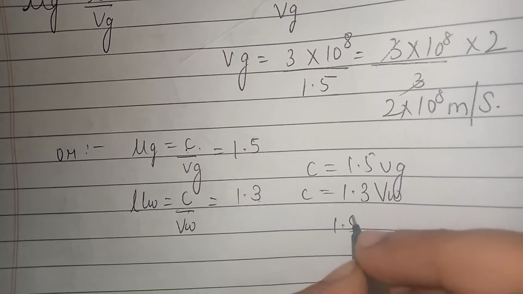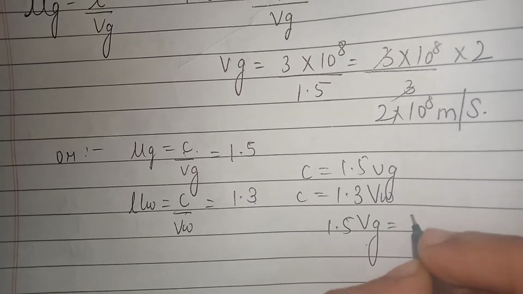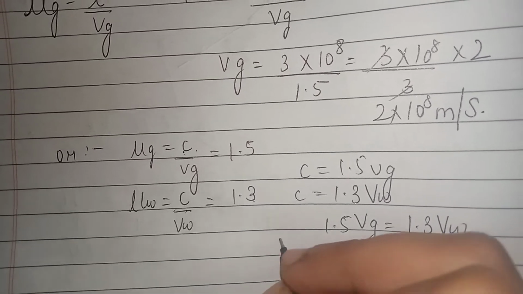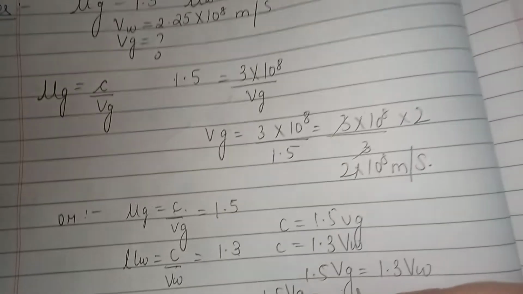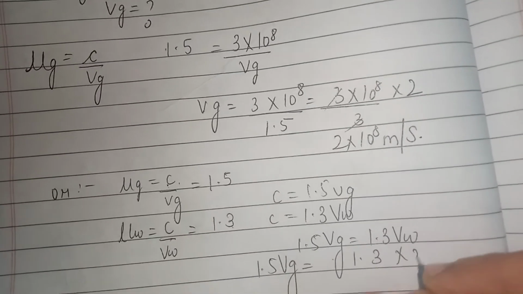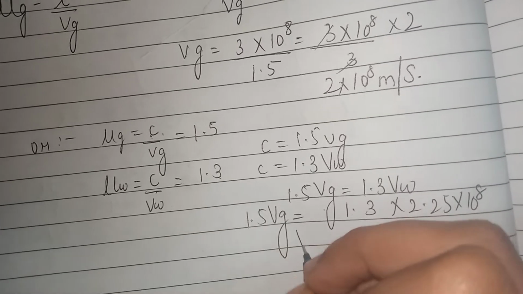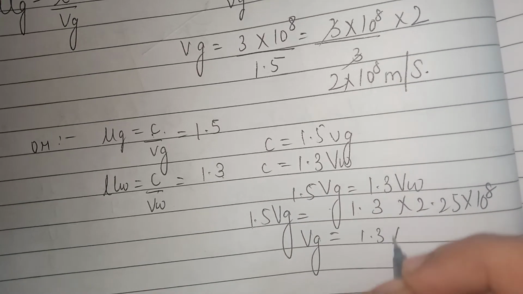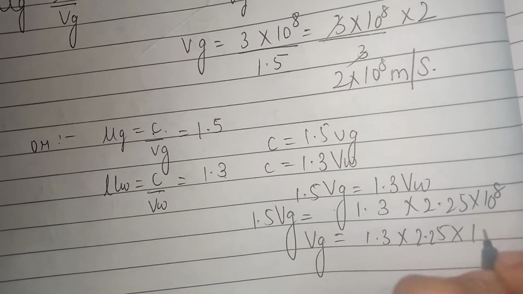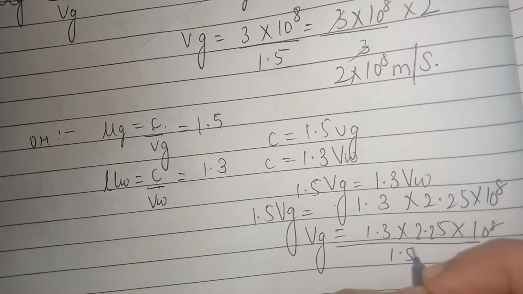Compare both values. 1.5 Vg equals 1.3 Vw, and Vw is 2.25 into 10 raised to power 8. So Vg equals 1.3 into 2.25 into 10 raised to power 8 divided by 1.5.